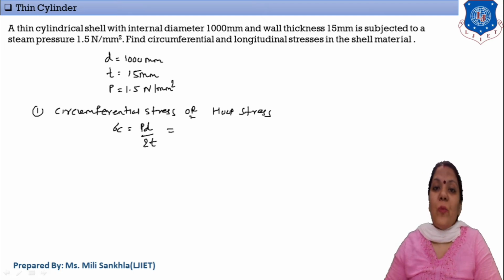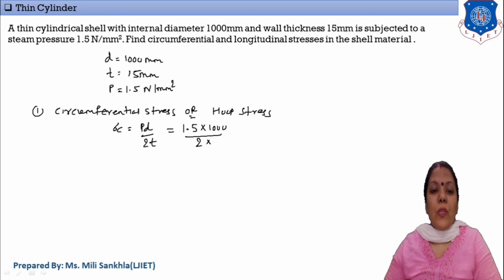Now put the values: P is 1.5, D is 1000, and 2 into thickness T, which is 15. After dividing numerator and denominator, our answer is 50 Newton per mm square.